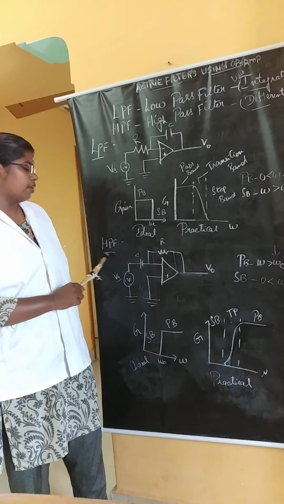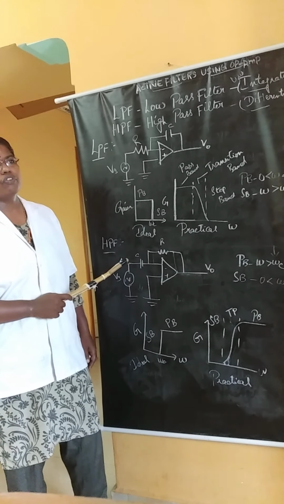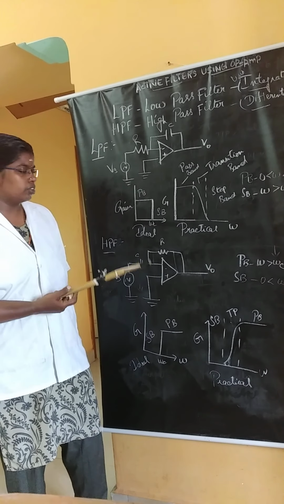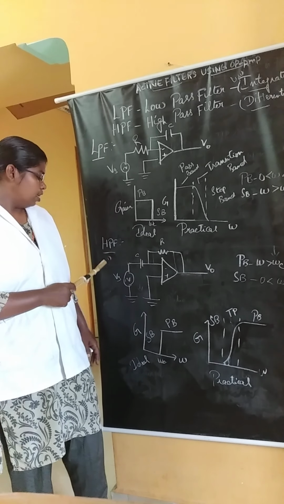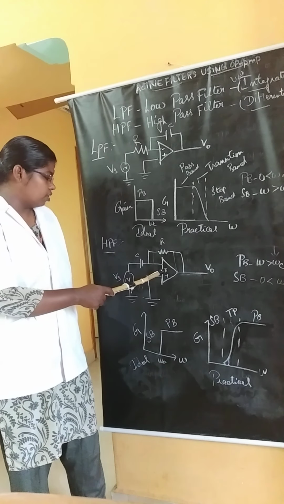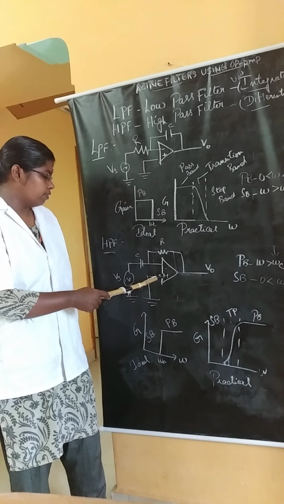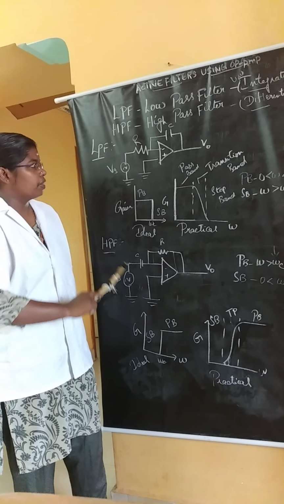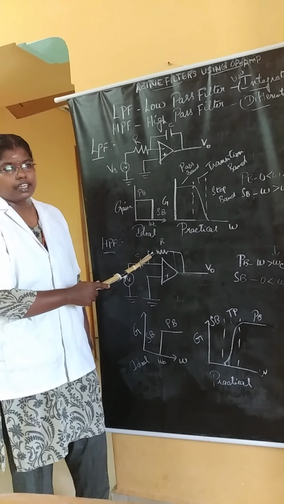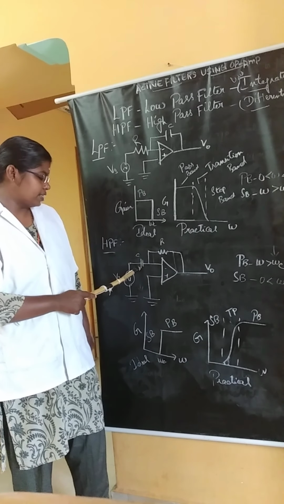Next we shall go for the high pass filter. Basically, this allows only the high range of frequencies. Here this is the non-inverting input and this is the inverting input. Opposite to the low pass filter, a feedback resistor is connected and in the input, a capacitor is connected.